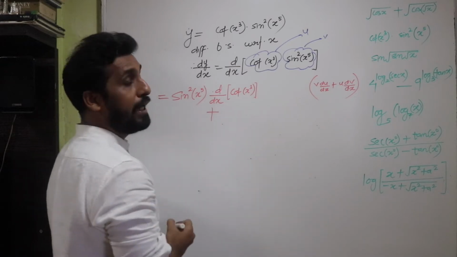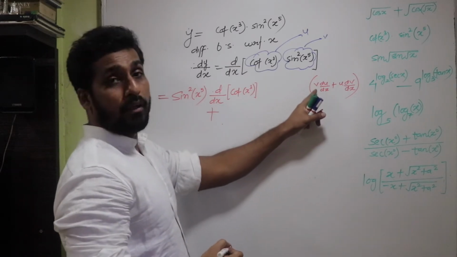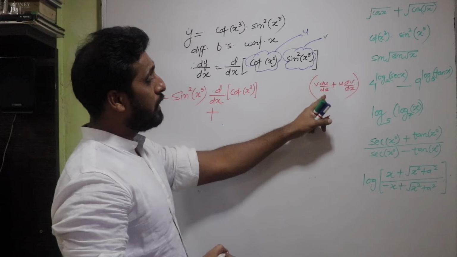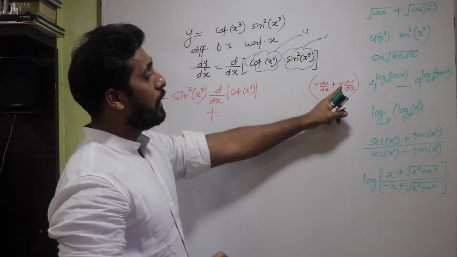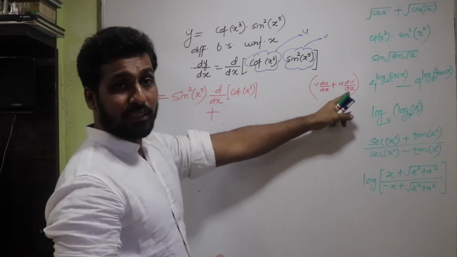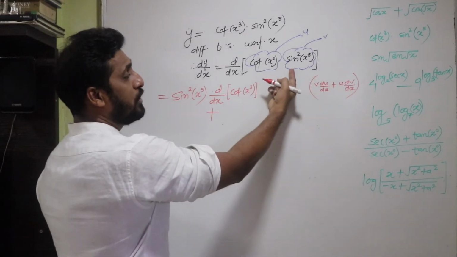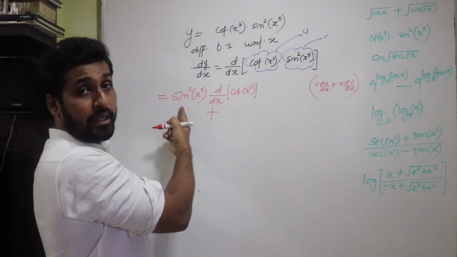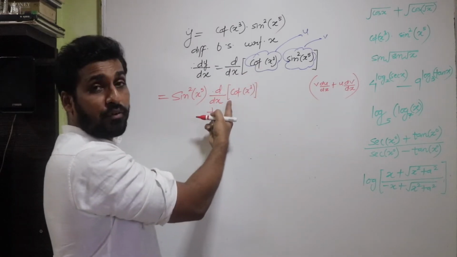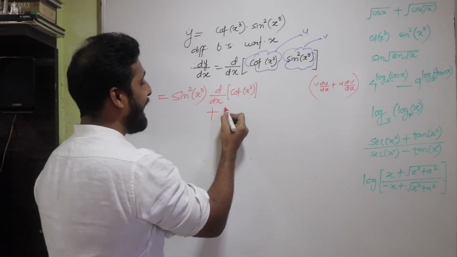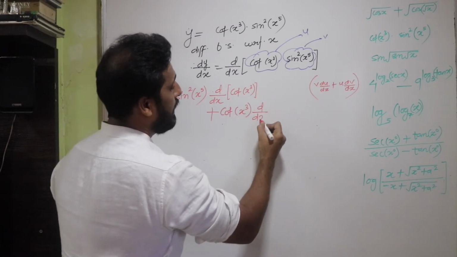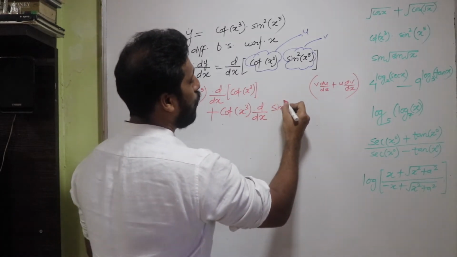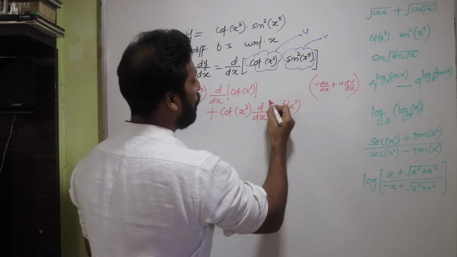Then write a plus sign, because u into v gives me second function as it is, derivative of the first function, plus first function as it is, that is cot of x cube as it is, and derivative of sine square x raised to 5.